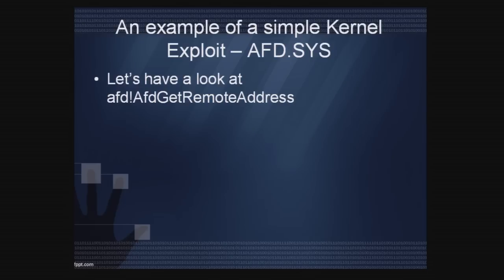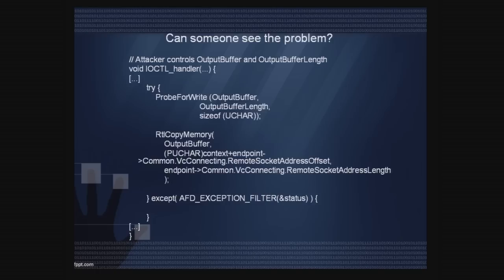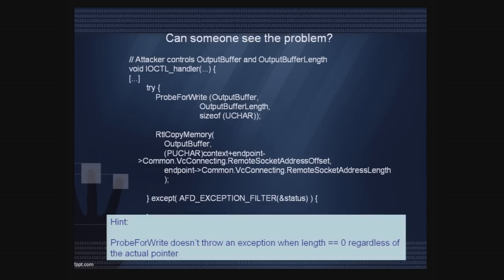Let's quickly go over an exploit in AFD. So can anyone spot the problem? I'll give you a hint. ProbeForWrite basically raises an exception if the memory is not writable, but if it gets a length of 0, it never raises the exception, so it's all good.